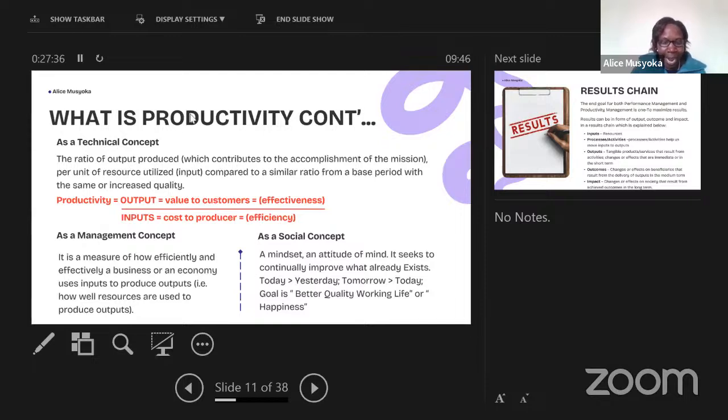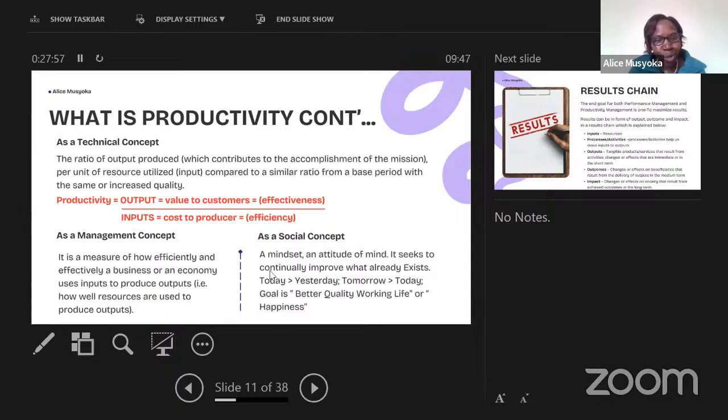And I think the discussion that was there at Bomas was also around productivity as a social concept, the mindset. They were trying to address the issue of attitude and mindset, where people think hii ni mali ya umma. It can never get exhausted.